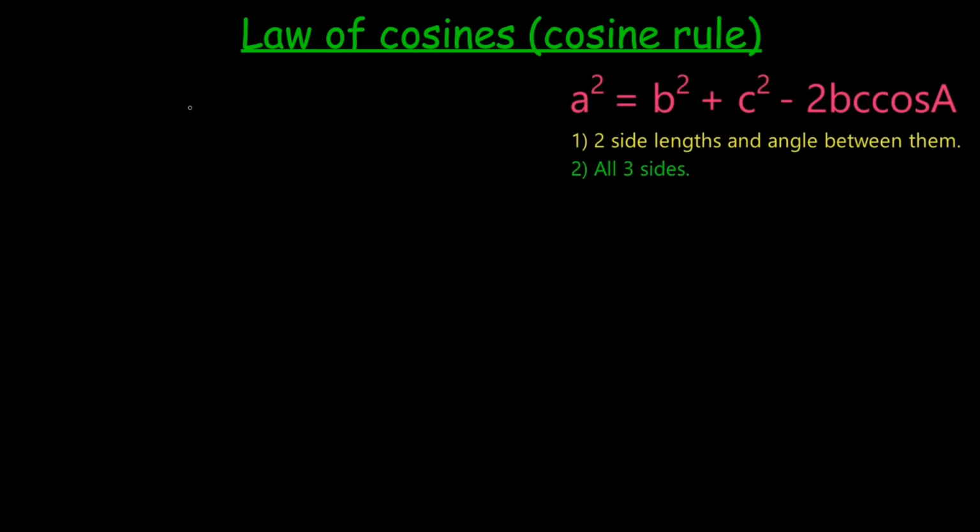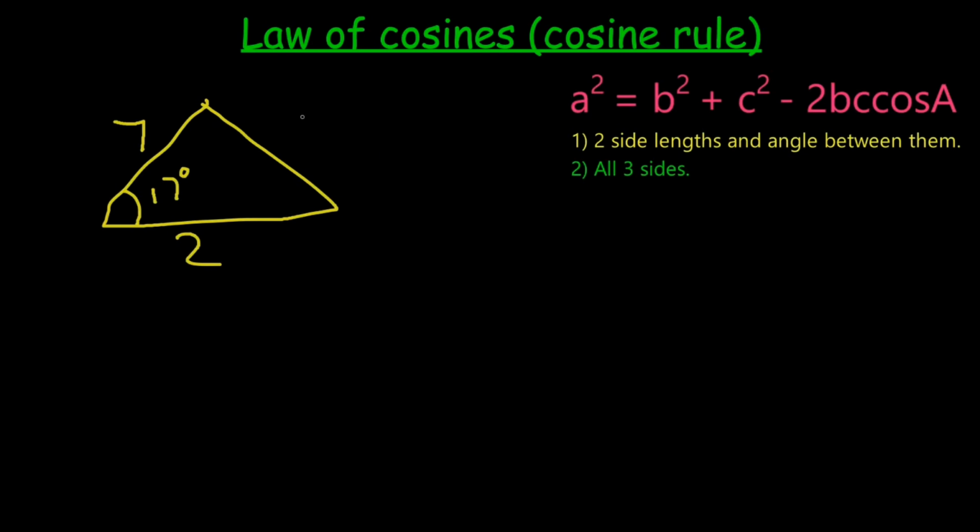To illustrate this point, let's consider this triangle. 7, 2, the angle 17 degrees, and this is given as side length b. Well, you don't know which is a squared here. You know you're looking for side length b, so this time you're looking for the form of the cosine rule where you have the side length b is equal to something.